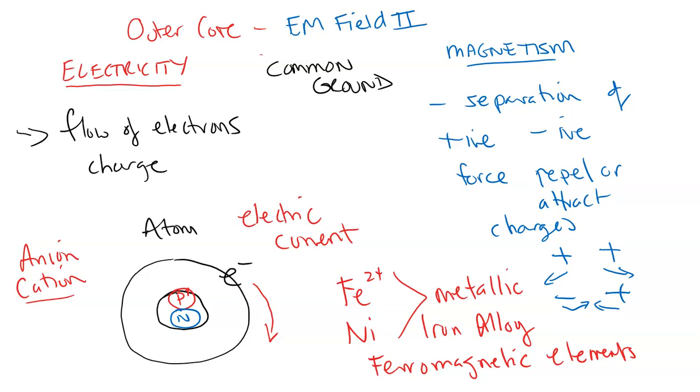So most things do create this magnetic polarity, this difference where you have separation and you have what's called poles that are created.